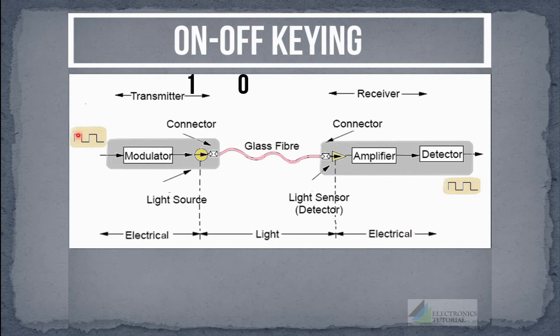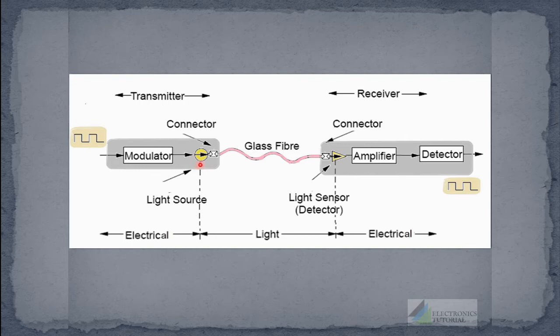So on for 1 and off for 0. This light source is driven by the modulator. So this light source will be working according to this modulator. So here in this portion, an electrical signal will be converted to an optical signal.